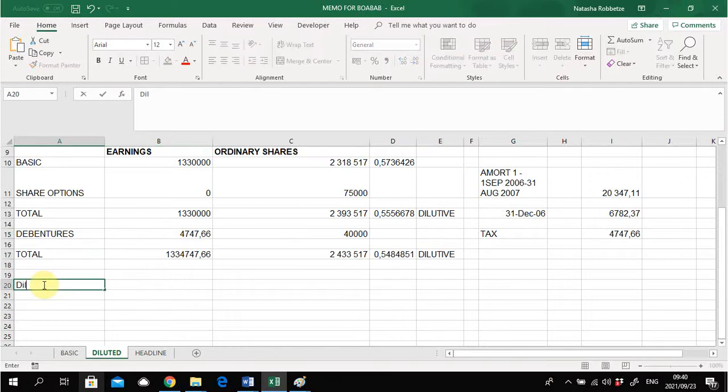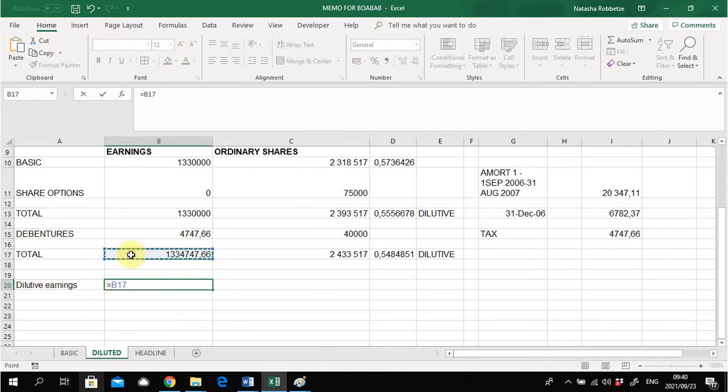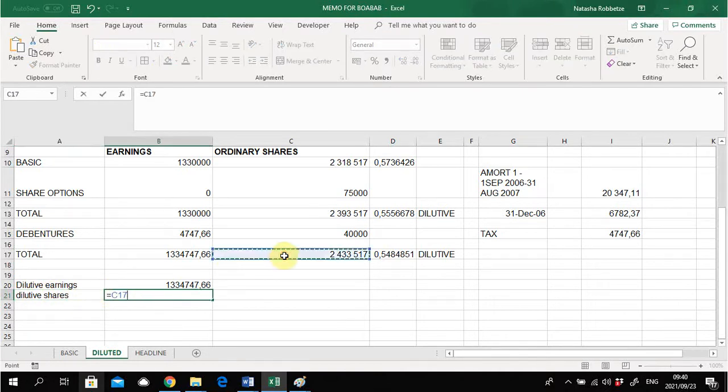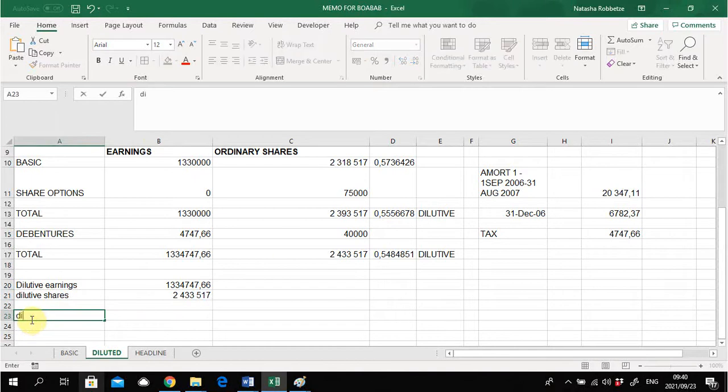So we're going to say dilutive earnings then equals this rollover total of earnings, and then the dilutive number of shares, if I can ever spell correctly, was this number of shares, and then the dilutive EPS is then this last amount that we calculated.